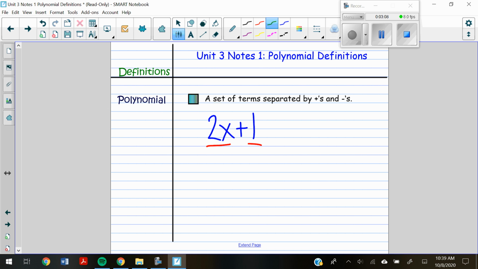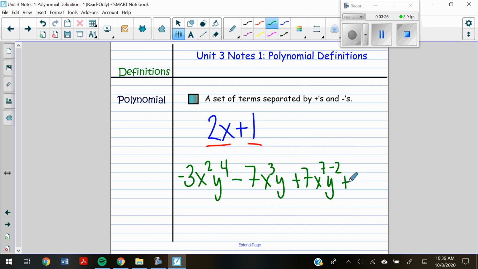We could have long polynomials, like negative 3x to the second, y to the fourth, minus 7x to the third, y plus 7x to the seventh, y to the negative second, plus 12. Polynomials have many terms, and they're separated by pluses and minuses.